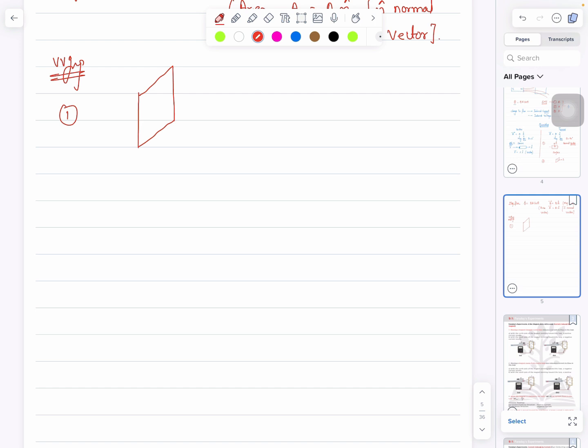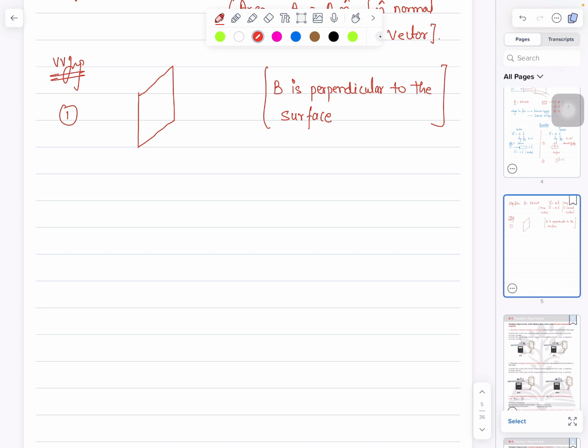So I'm going to write that when the magnetic field is perpendicular to the surface, you will get this same statement in the numerical. They will give you that the magnetic field is perpendicular to the surface.